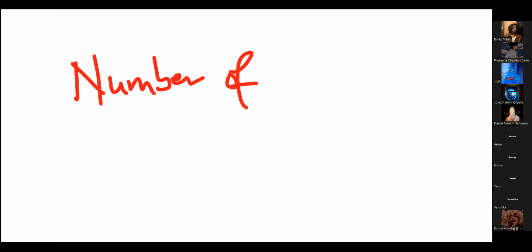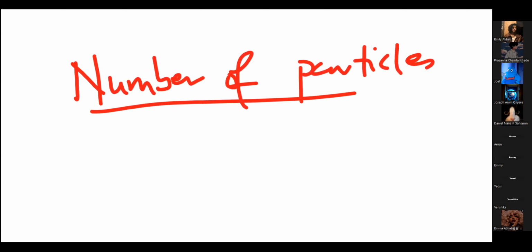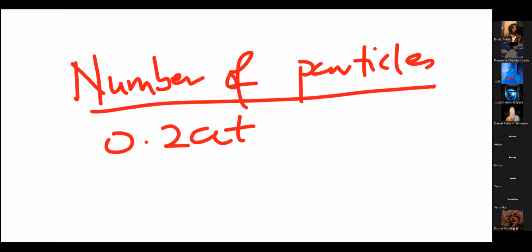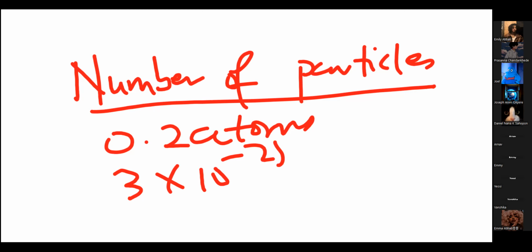Now we're talking about number of particles. We mostly leave our answer in the particle, so atoms, maybe 0.2 atoms, 3 times 10 exponent negative 25, or molecules.